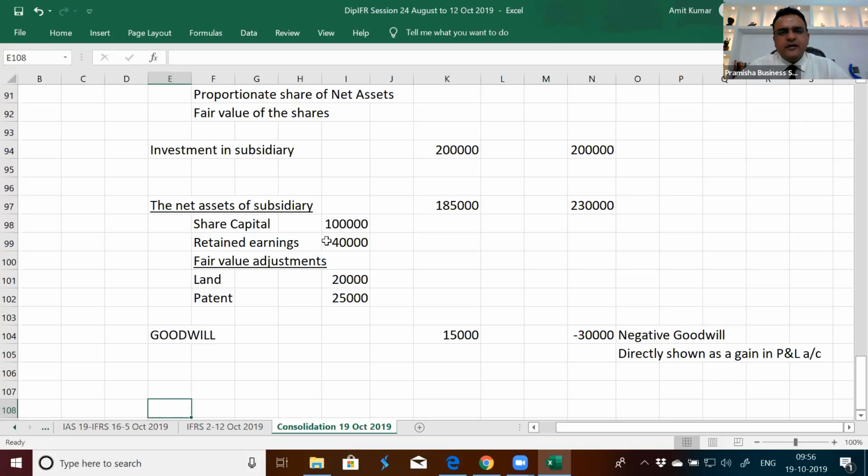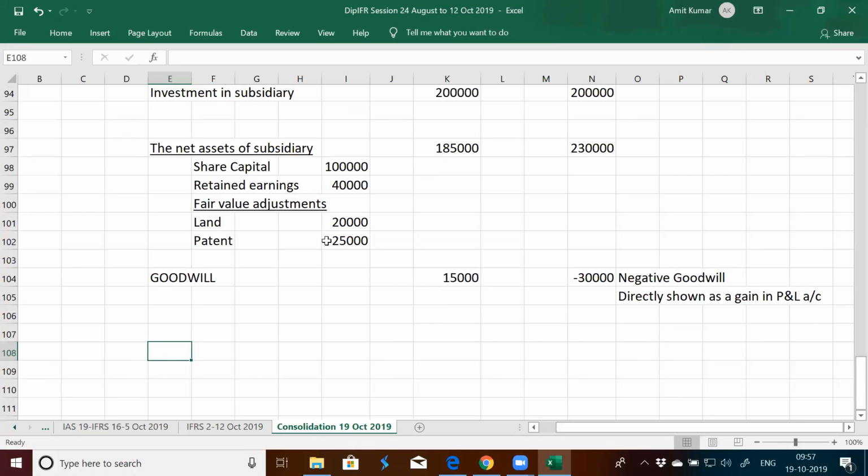Even for intra-group profits, only that proportion of the investment applies. If there is an unrealized gain, that unrealized gain will not be eliminated in full, but only to the proportion of share. Clear?